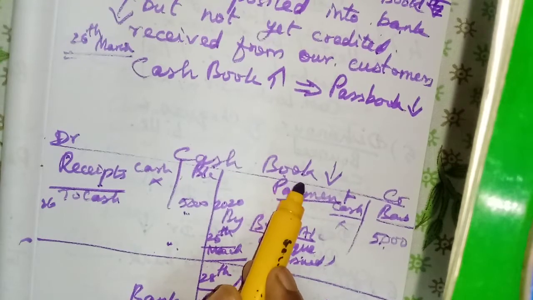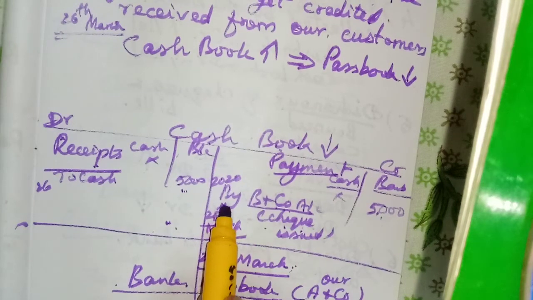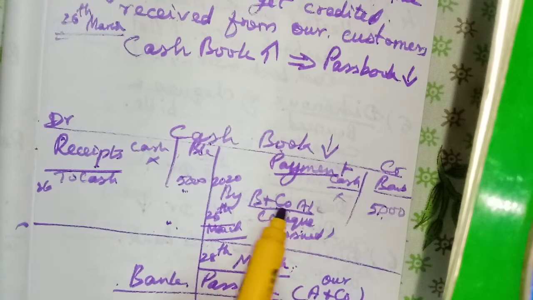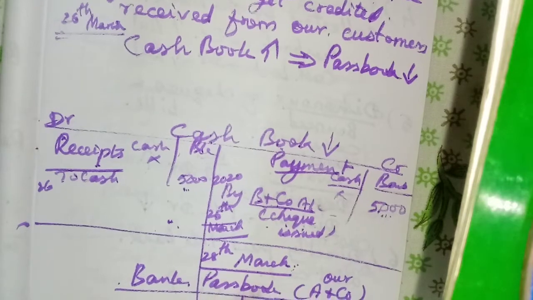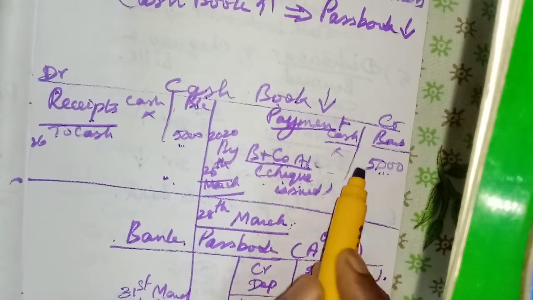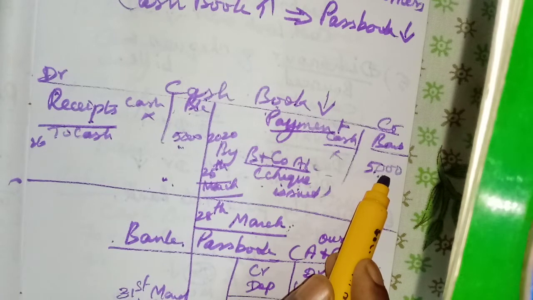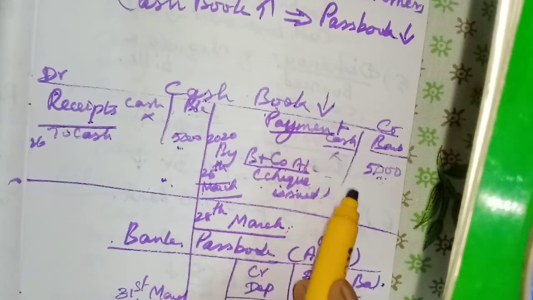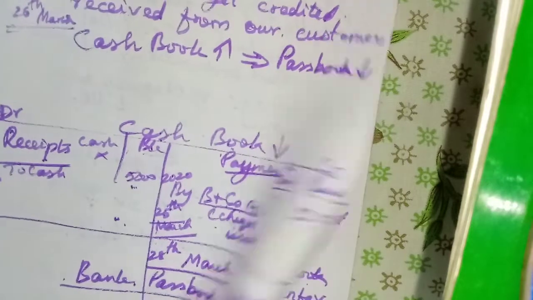When we issue a check, we write here whom we have issued it to, and in the passbook bank column we write 5,000, isn't it? But it is not presented for payment. So the cash book we have entered here. In the cash book it shows less balance, isn't it? Cash book shows less balance because the payment we have entered here. It shows less balance.